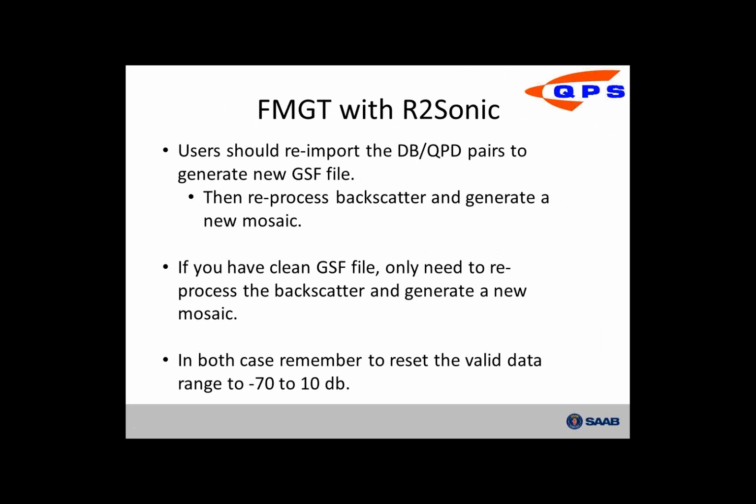In both situations, you have to remember to reset the valid data range to -70 to 10 dB. If you're working with R2Sonic data, be aware of these changes and fixes. You have to go back and generate these new GSF files, and make sure to remove that offset that may have been put in there.